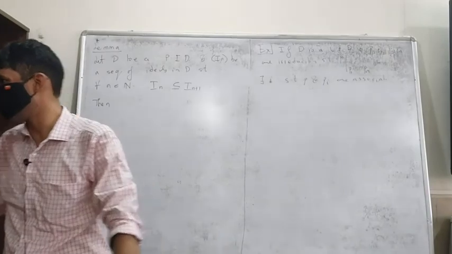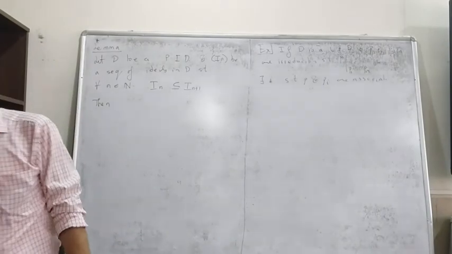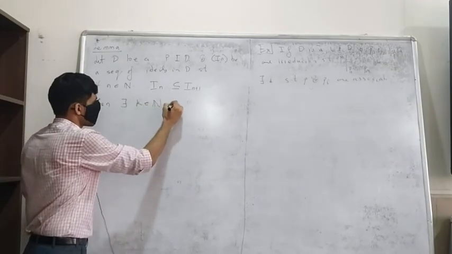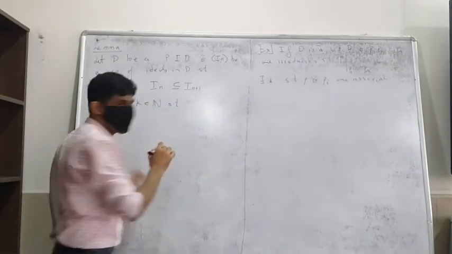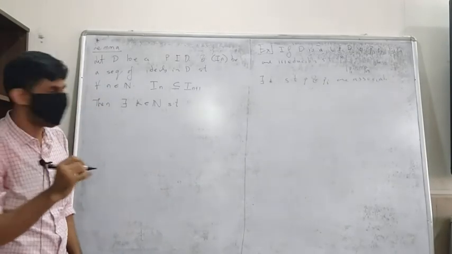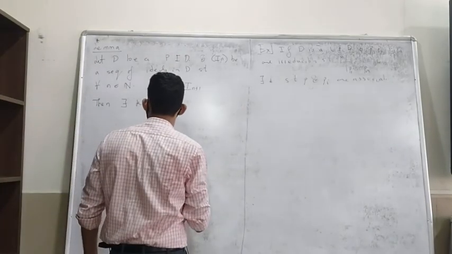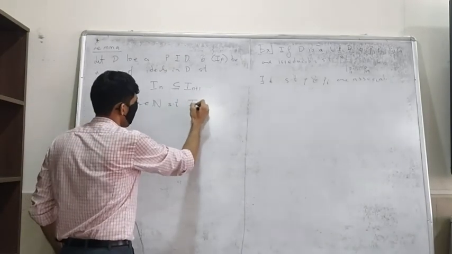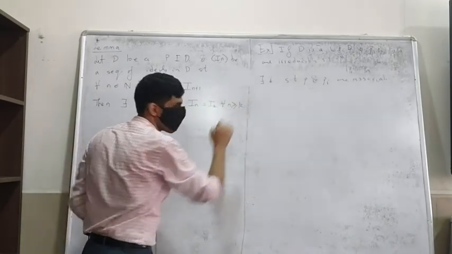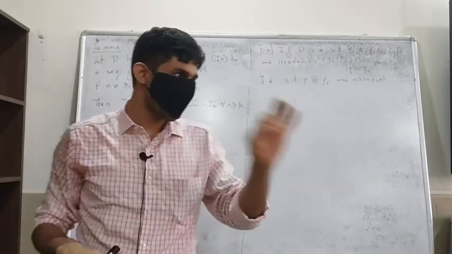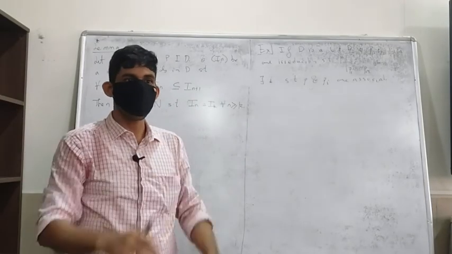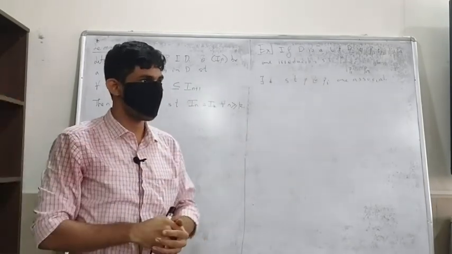Then there exists k in N such that I_n is equal to I_k for all n greater than or equal to k. So after the kth stage, all the ideals are just equal to I_k. It doesn't keep increasing.